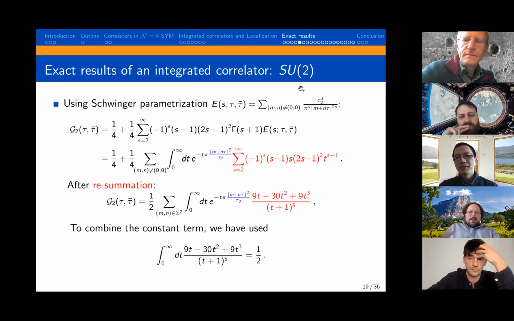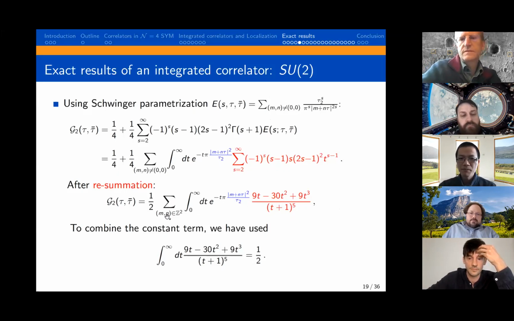Then I use the definition of the non-holomorphic series. I just plug it in, using string parameterization. I write here. Then I can do the sum. After the sum, that's the formula. And the claim is that this formula is all well defined.